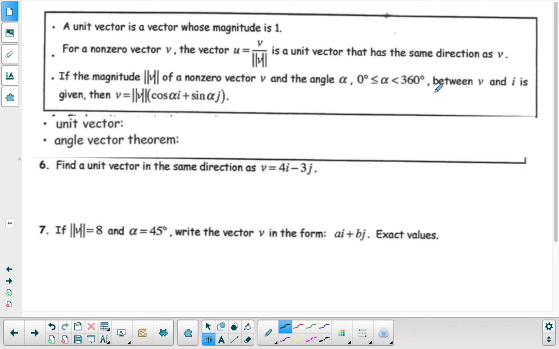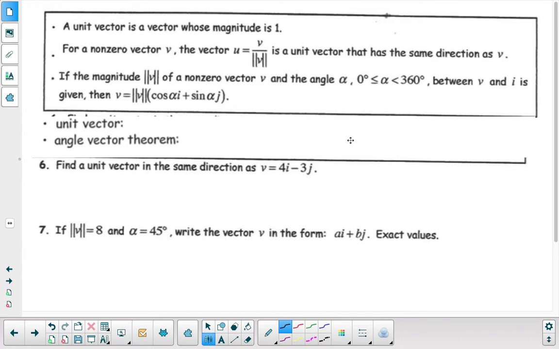All right, so some things to note. A unit vector is just any vector whose magnitude is 1. Think about unit circles. If you're starting at 0, 0, and you wanted to move somewhere along the unit circle, all of those have a magnitude of 1. For a non-zero vector v, the vector u, if you did v divided by magnitude of v, is a unit vector that's in the same direction as v.